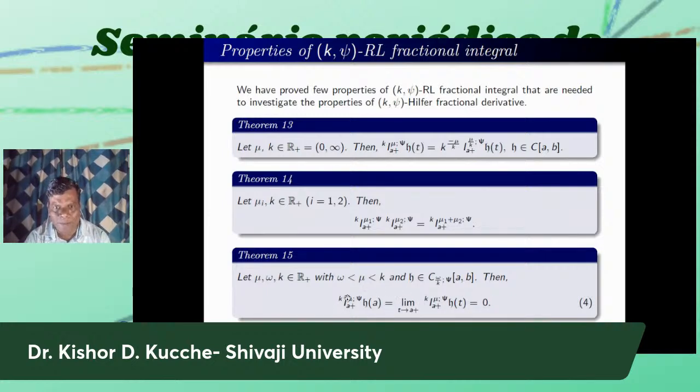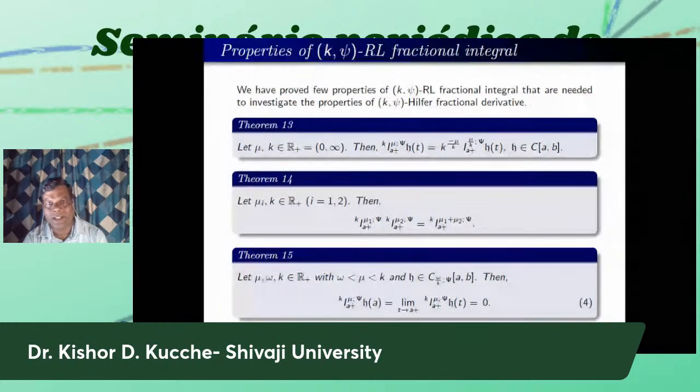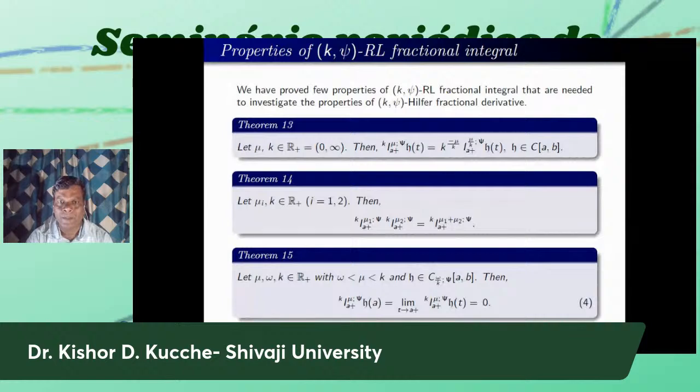So it is justifiable to put the value of this fractional integral at a equal to 0. Okay, which is applicable for proving the equivalent fractional integral equation to the fractional differential equation involving the K-Hilfer derivative.